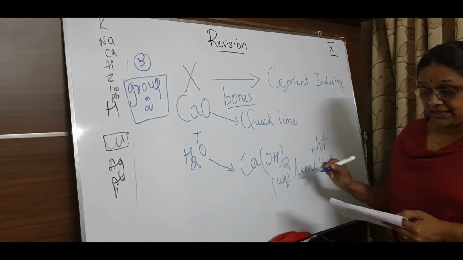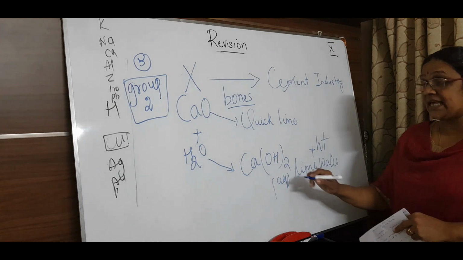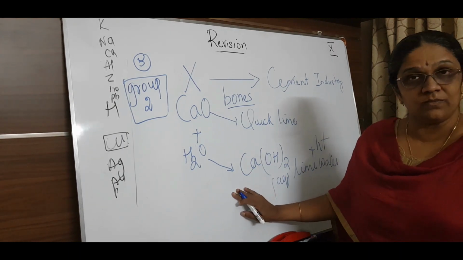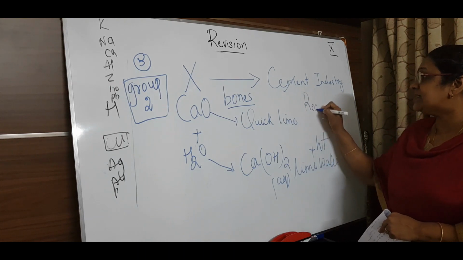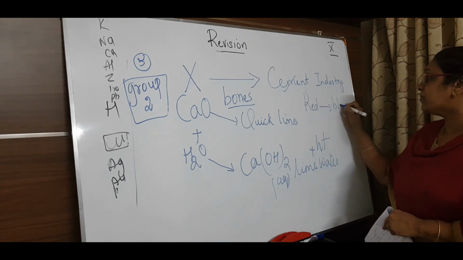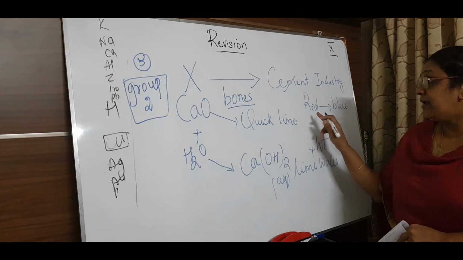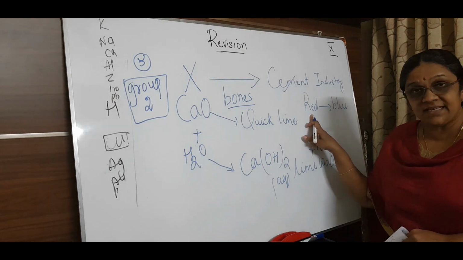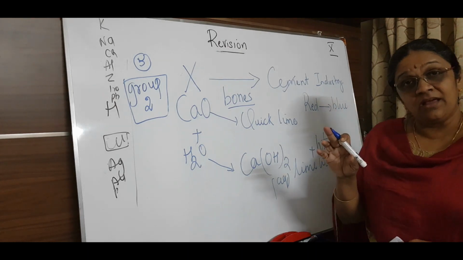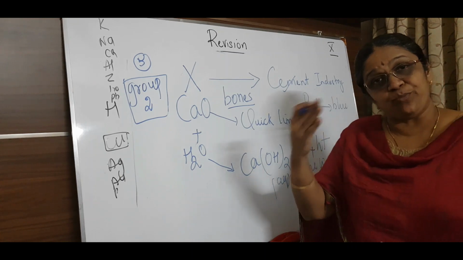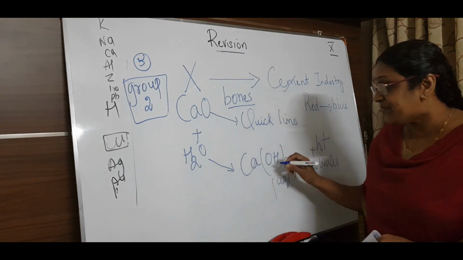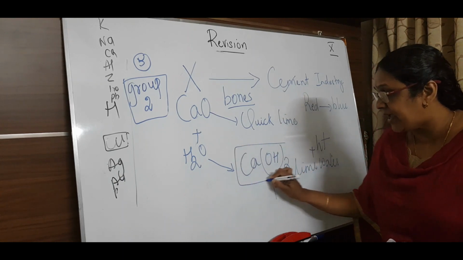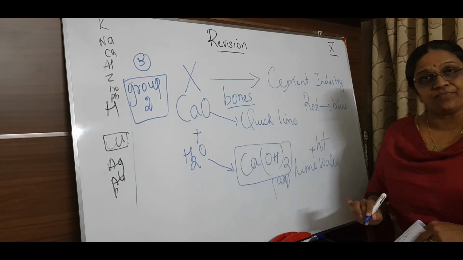Then they are telling which solution turns red litmus to blue. Now listen. When will a solution turn red litmus to blue? When it is a base, isn't it? Basic solution converts red litmus to blue, and acidic solution converts blue litmus to red. So you just verify, is this a basic solution?